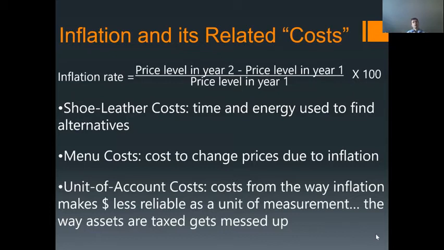So it might make my goods seem less valuable or more valuable depending on the way the inflation went. And the way assets are taxed gets messed up as well as a result of overvaluing or undervaluing if there's a change in inflation that's unexpected.